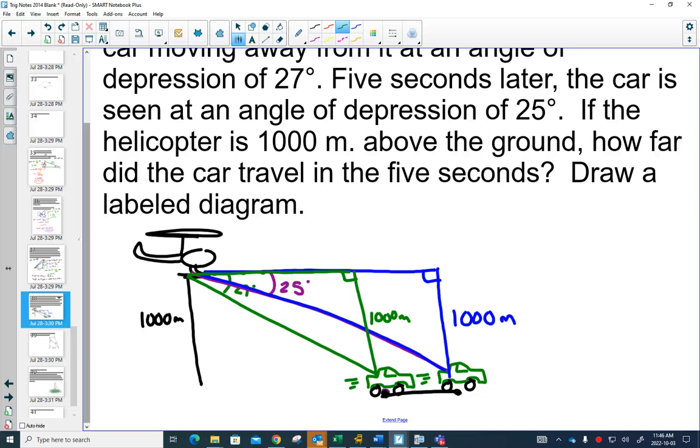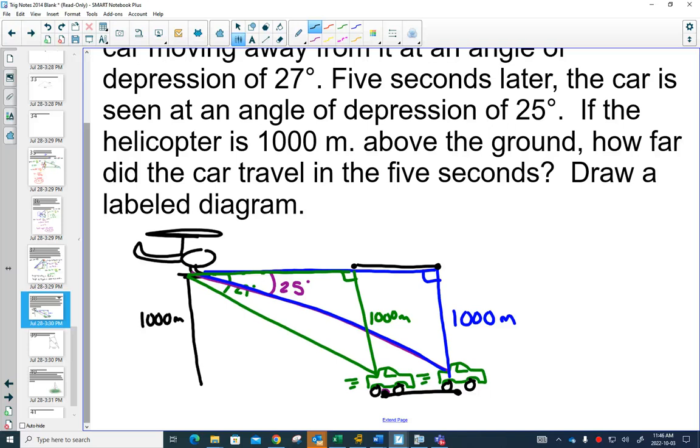So our question is, how do we find this little black line? Can you see that that little black line is the same as this black line from here to here? So I drew 2 triangles, and I want to find that black line.